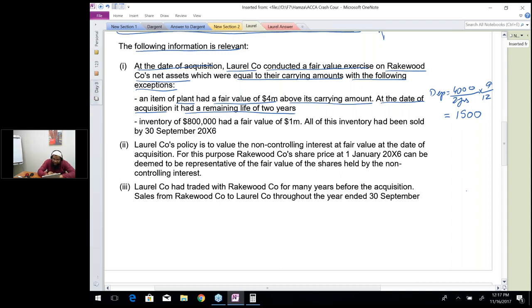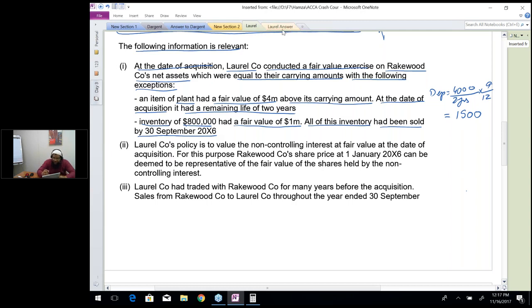Now the second adjustment says that inventory of 800,000 had a fair value of $1 million. So this means that we have to increase the inventory by 200. All of this inventory had been sold by 30th September 2006. So if we are increasing by 200 and all of the inventory has been sold, we would be required to decrease also by 200. If I'm increasing 200 at the date of acquisition and the inventory has been sold, I also need to decrease it so that the impact is nullified.